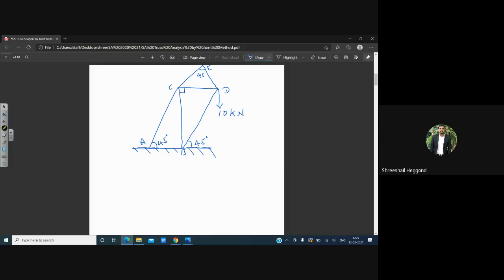You need to find the member forces, or axial forces, for all the members. First, identify which are the zero force members.